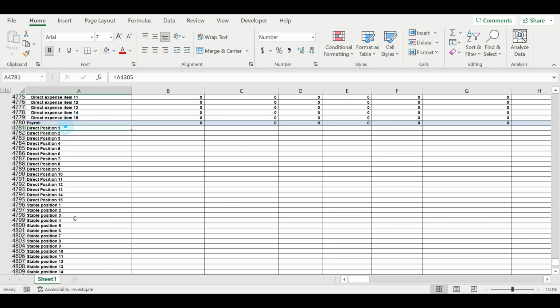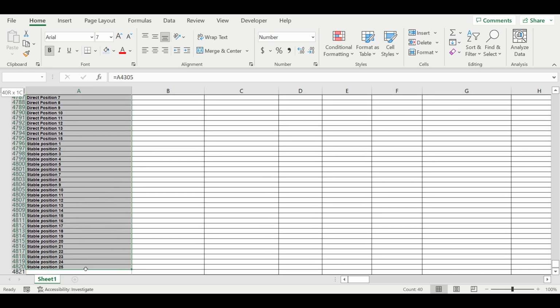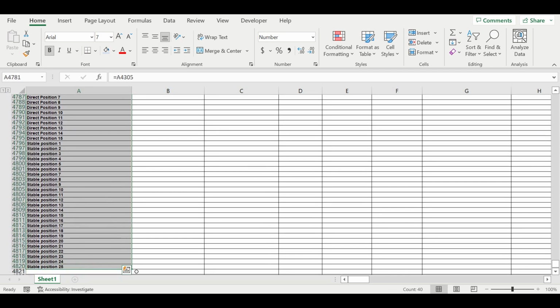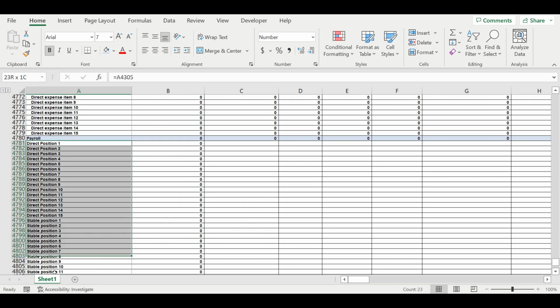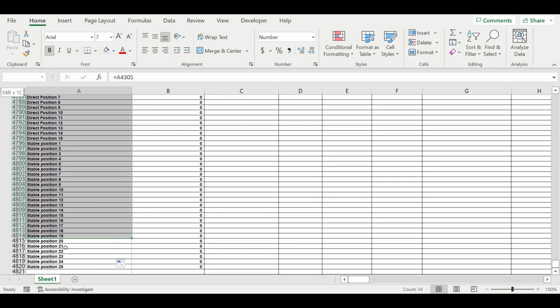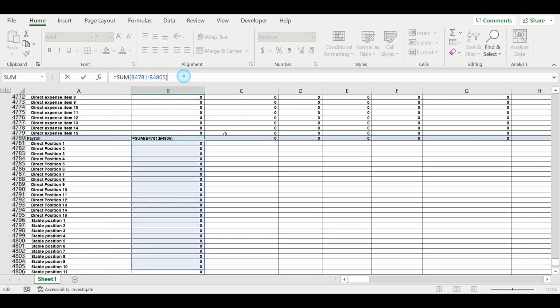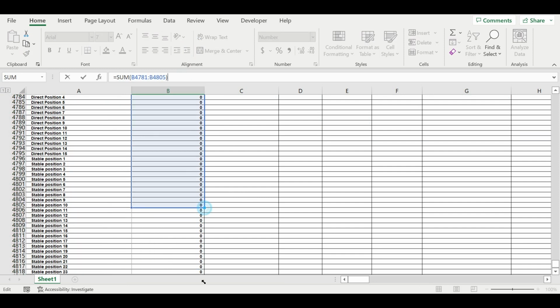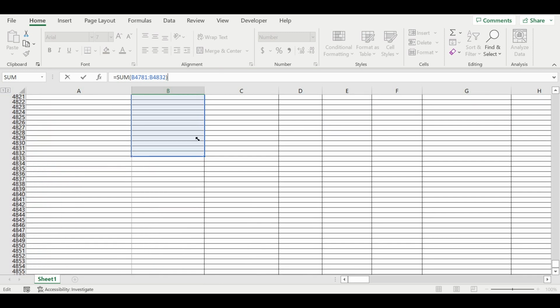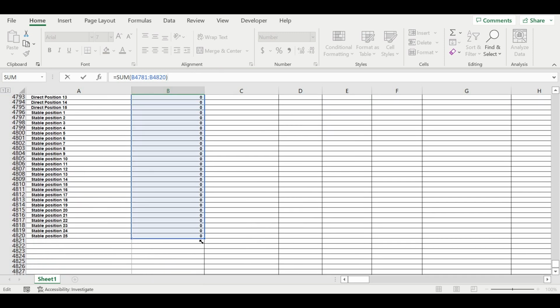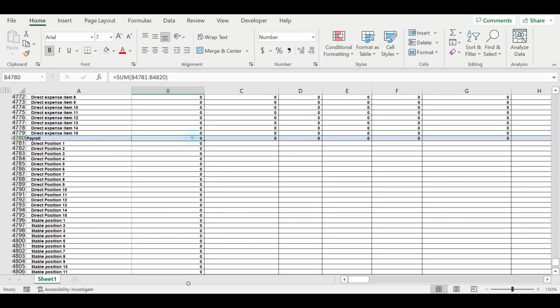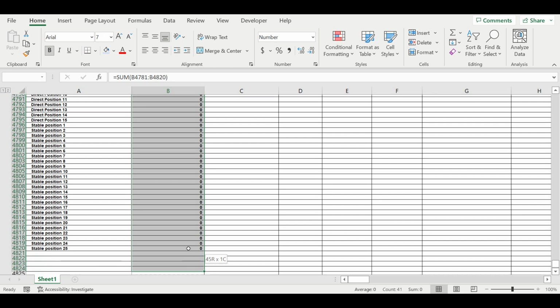Now we are extrapolating these formulas to the right. Now I'm going to create totals for payroll. Now we'll extrapolate these formulas to the right.